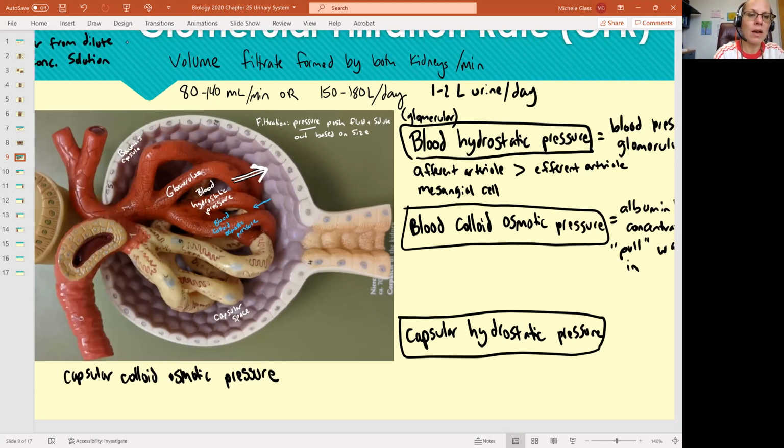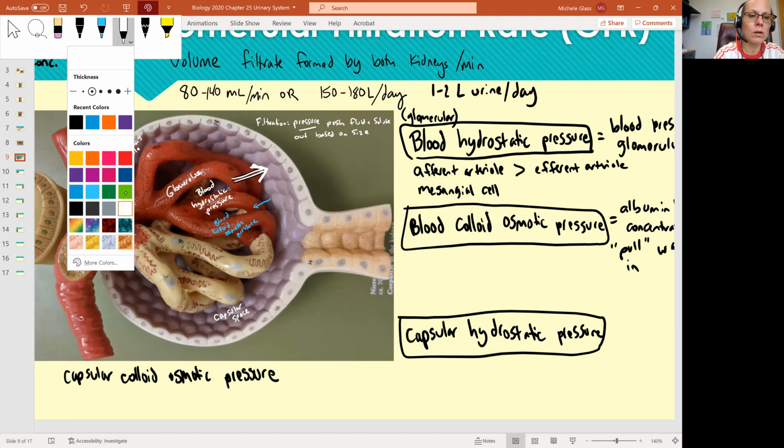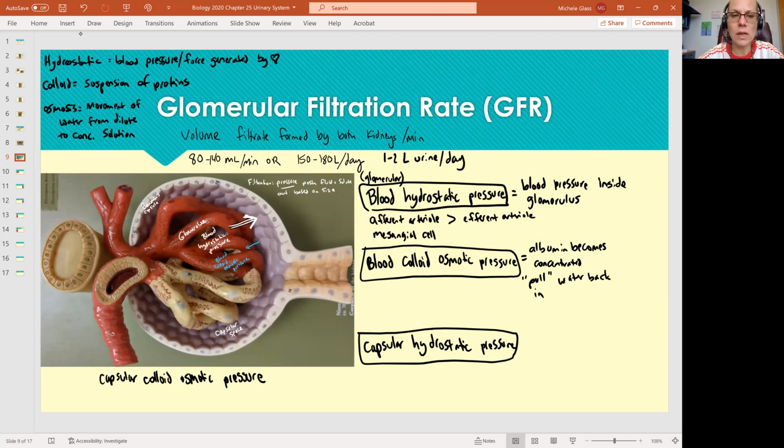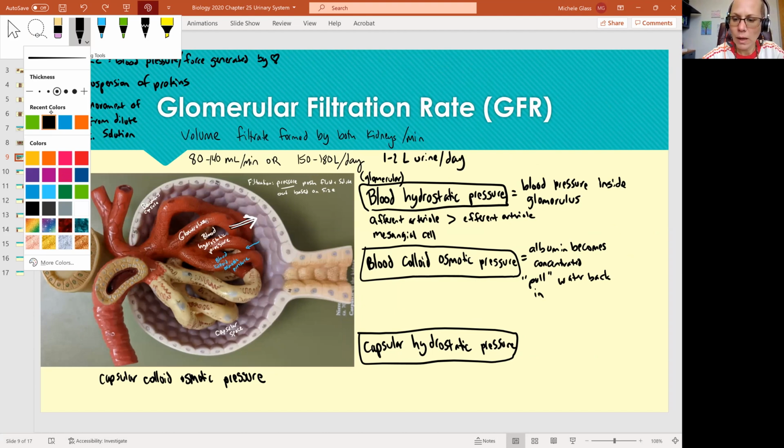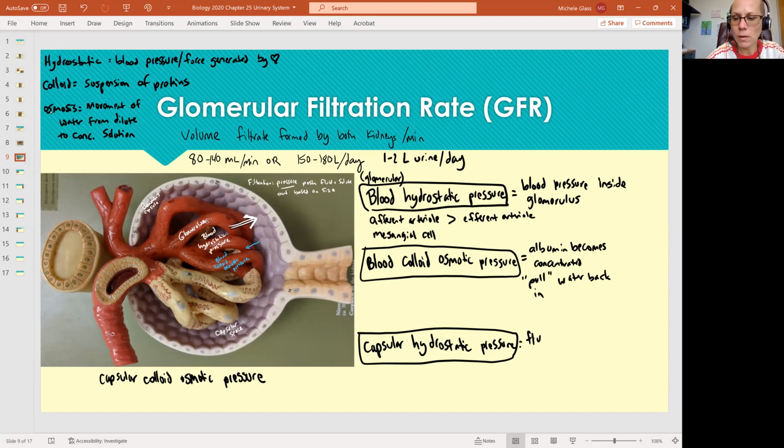Okay, then we have what is called the capsular hydrostatic pressure. So what we'll see is there is going to be fluid. The capsular space is not empty.